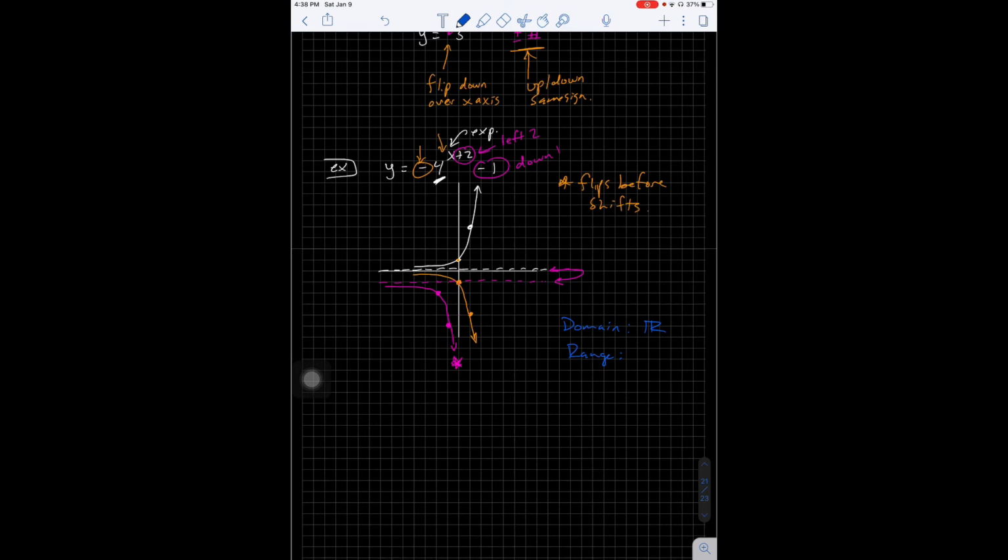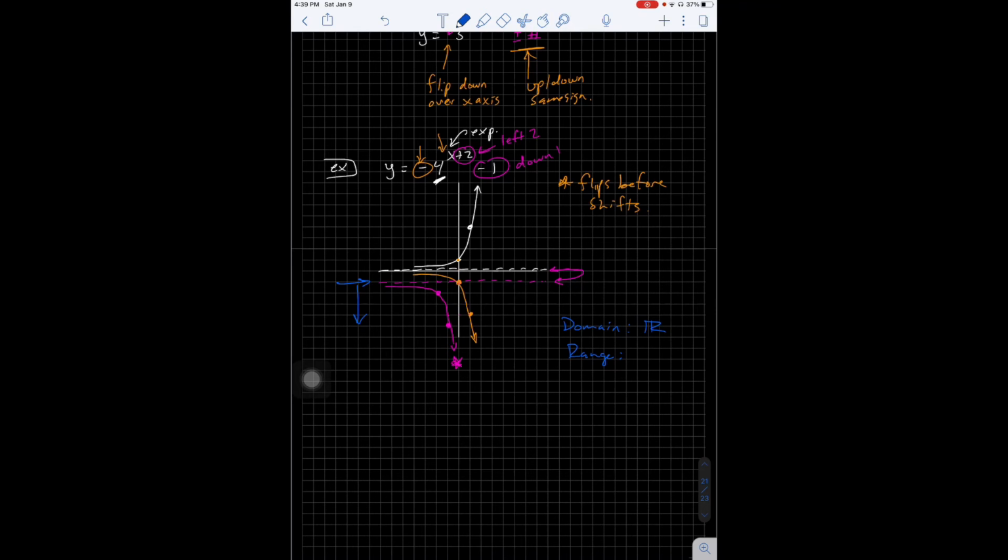The range is what are the y values that this function is inhabiting. Now remember, we're looking at the pink graph. So the range is always going to be your asymptote down or your asymptote up, depending on if it's been flipped or not. So here's my asymptote, and my graph is below that asymptote.